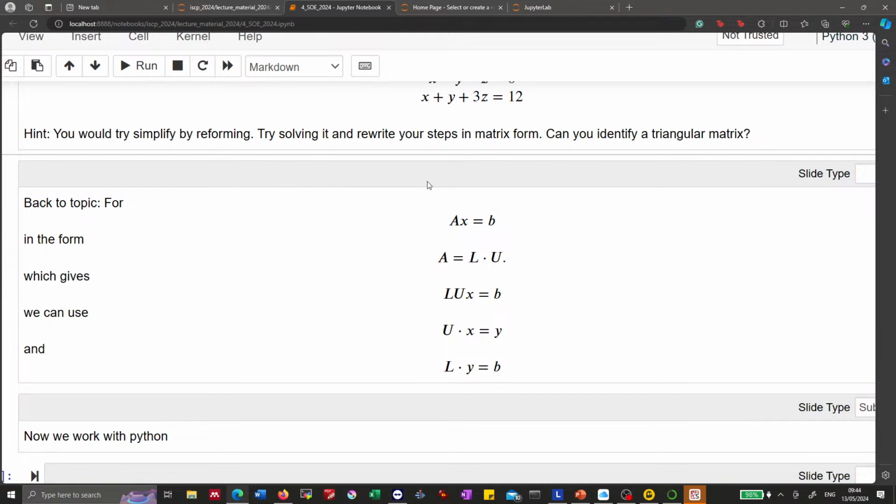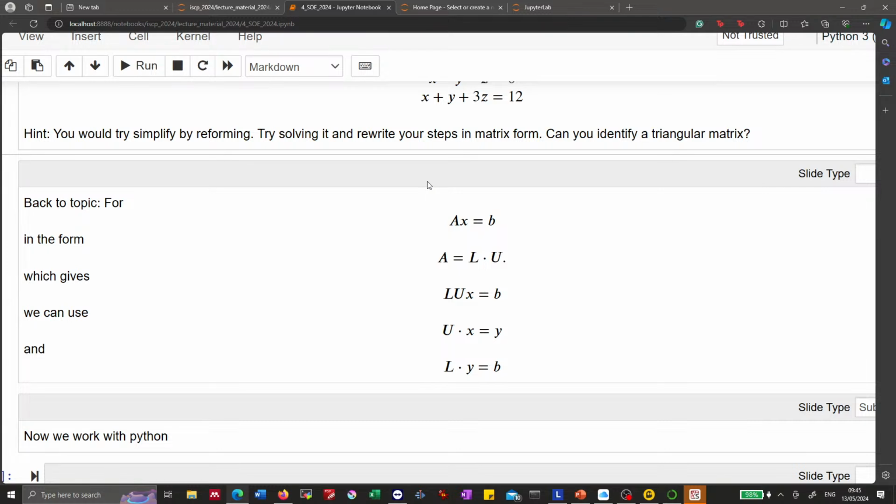So our problem then simplifies to a lower triangular matrix L times y equals b. But because L will be in a triangular form, from this point we can easily read the values of the solution for one part and further get the values for U, and so reconstruct our full solution of x.